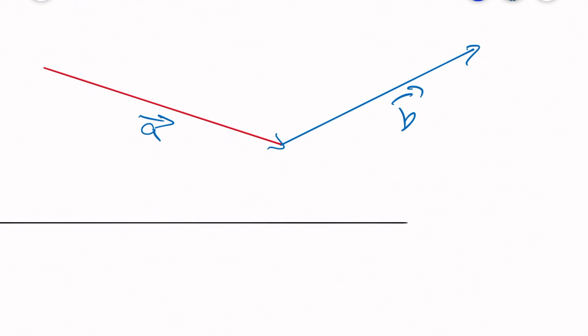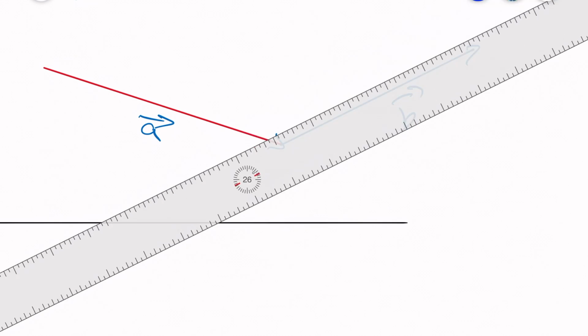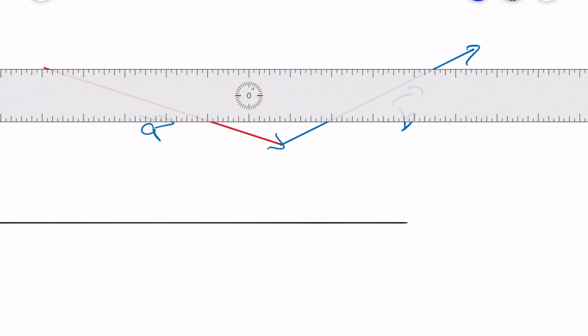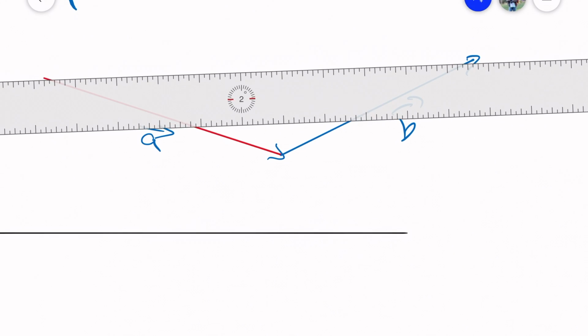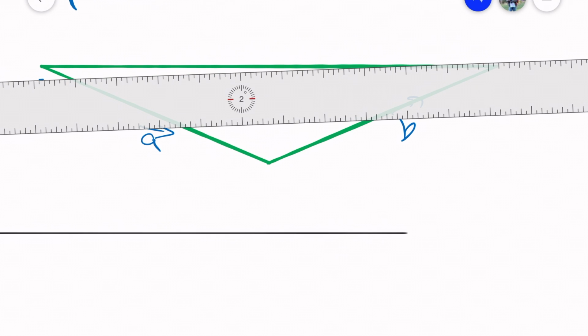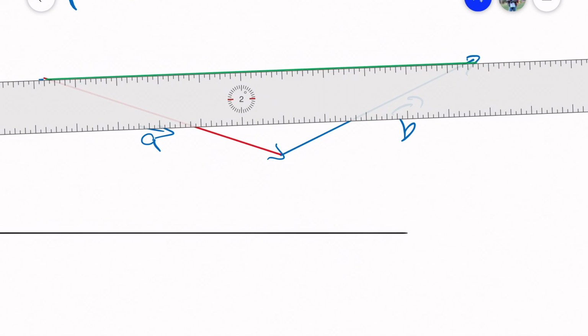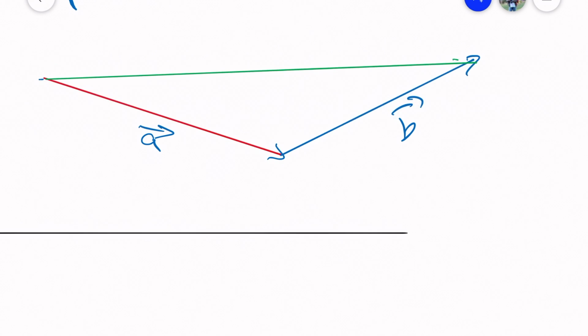Their addition will be vector c, which will be this guy. So this will be our addition vector c. So now what we are saying is c is equal to a plus b.